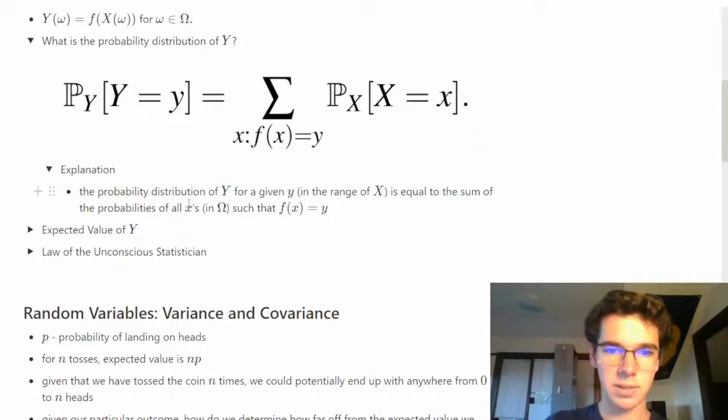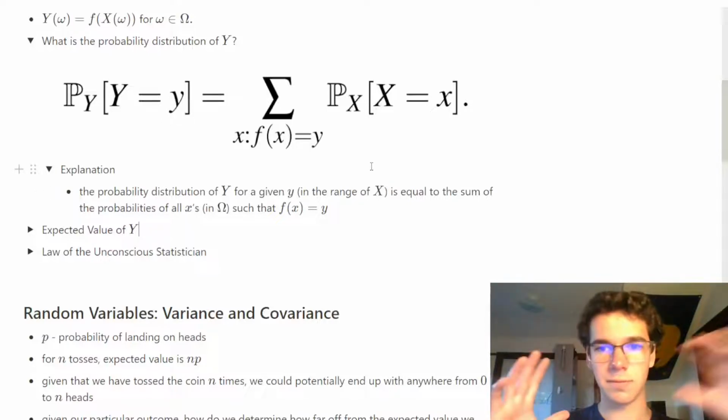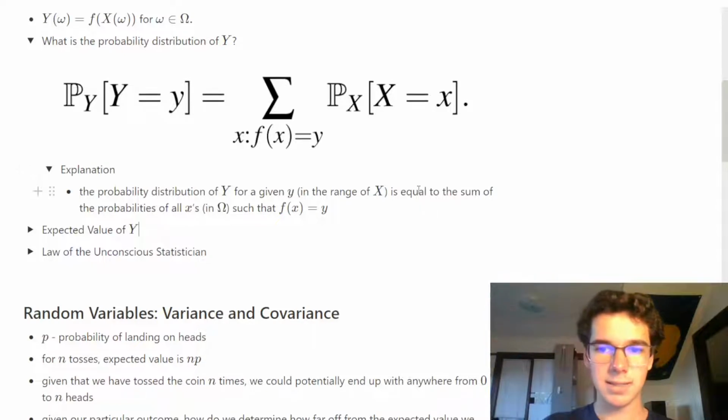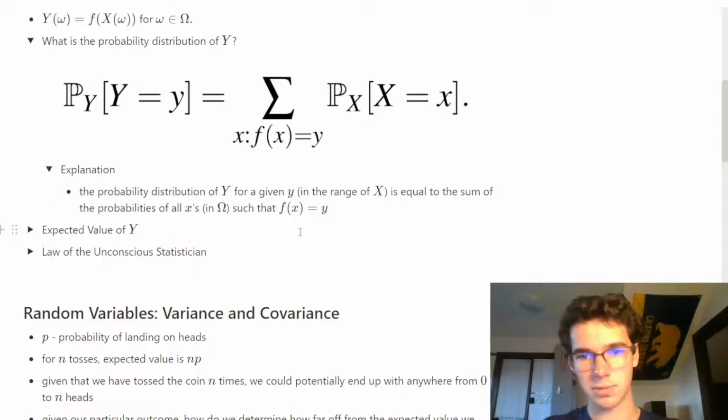The probability distribution of capital Y for a given lowercase y in the range of capital Y is equal to the sum of the probabilities of all x's in the sample space, such that f of x is equal to y.